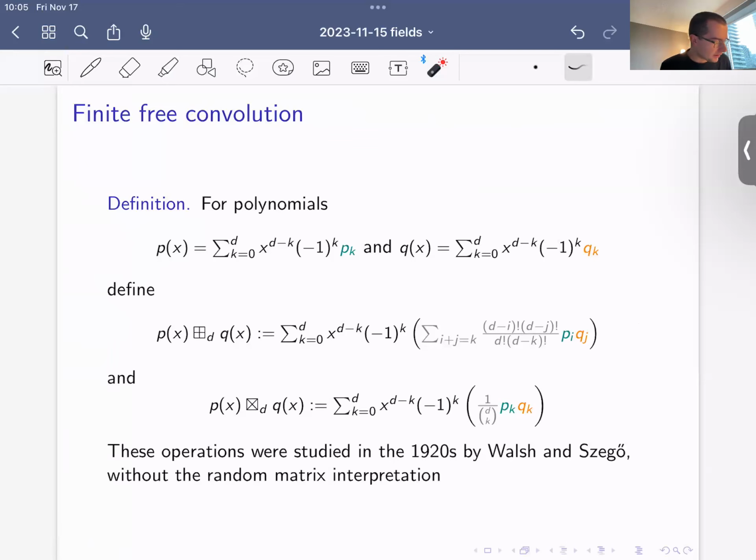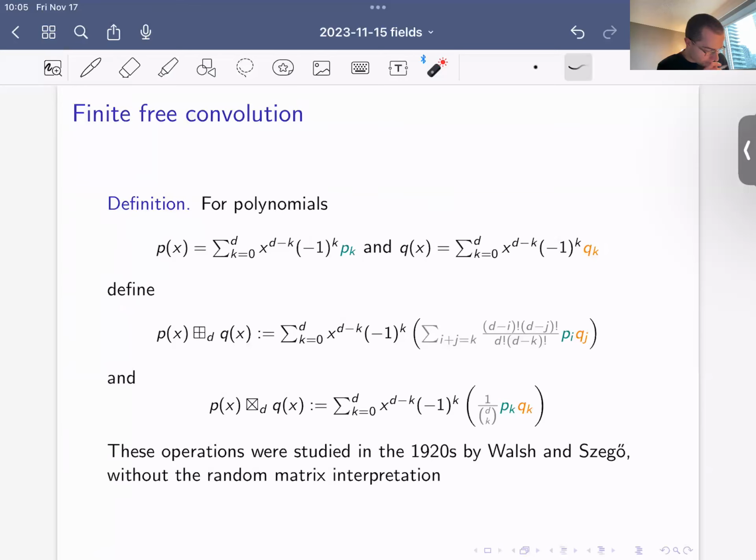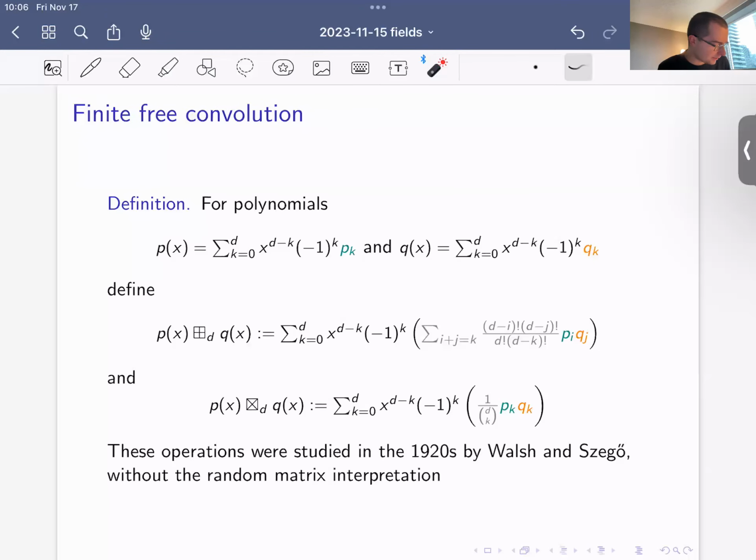For box plus subscript D, you put the P's and Q's together exactly the way that you did with the e_k's here. And then you put the P's and Q's together for multiplication, again in the same way as in this theorem, just multiplying them and normalizing.